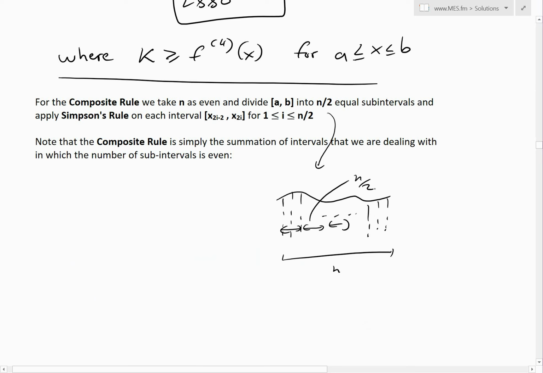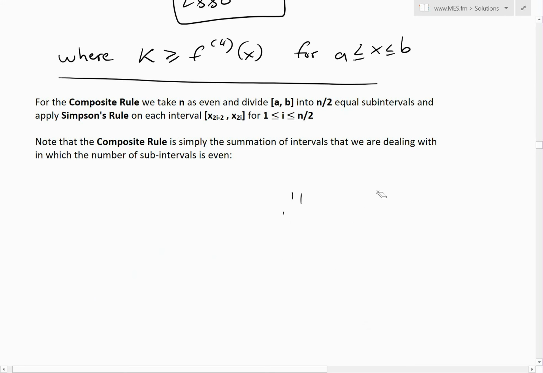So that's what we have there. That's why we have n over 2 equal subintervals, and now we apply Simpson's rule on each subinterval from x_{2i-2} up to x_{2i}, for i from 1 to n over 2. So that's what I mean.